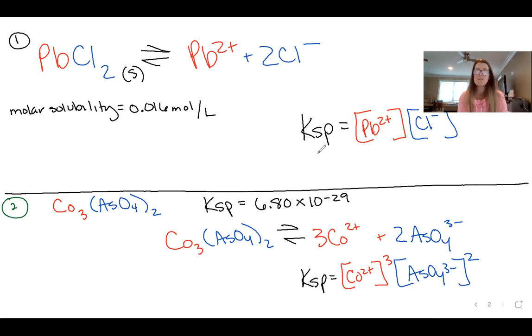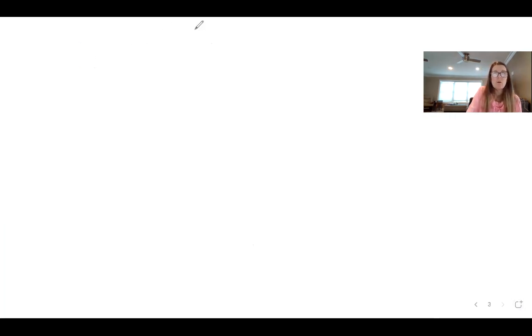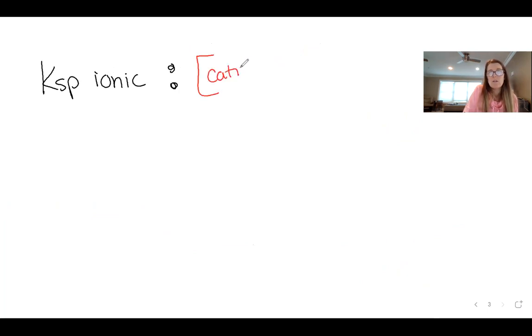So given that this is what our equilibrium expressions look like for ionic compounds, if I want to generalize it, the KSP expression of an ionic compound will always look like the cation's concentration raised to its coefficient times the anion's concentration raised to its coefficient.